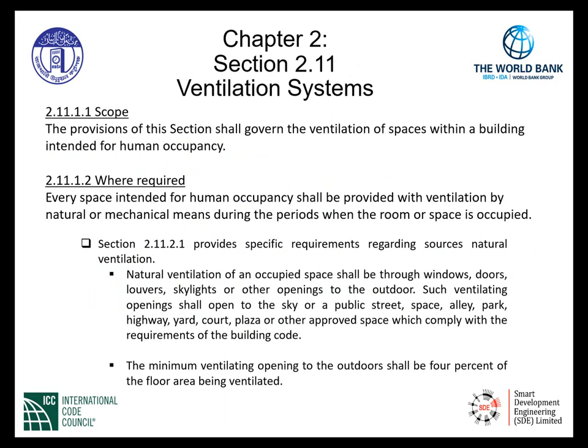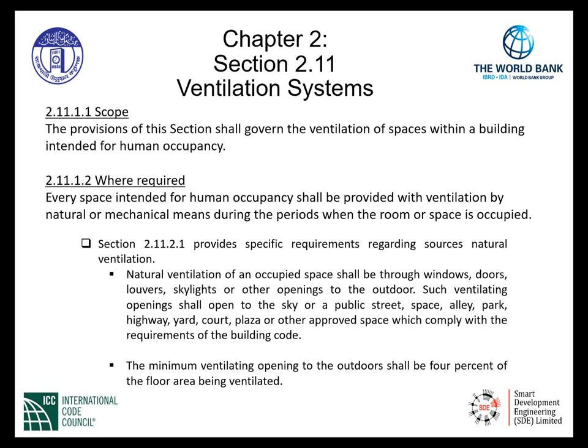When we go to section 2.11.1.1, scope, the provisions of this section shall govern the ventilation of spaces within a building intended for human occupancy. Now, this is where we provide the requirements in the code for ventilation.